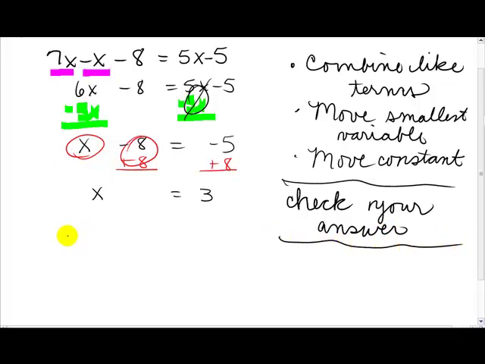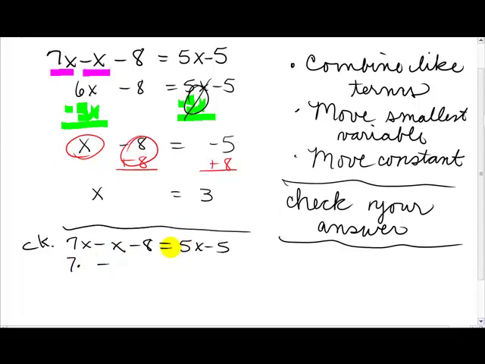So very quickly, I'm going to write in all x's first. 7 times 3 minus 8. And then we'll put our 3's in here.